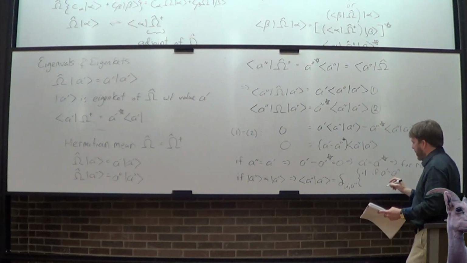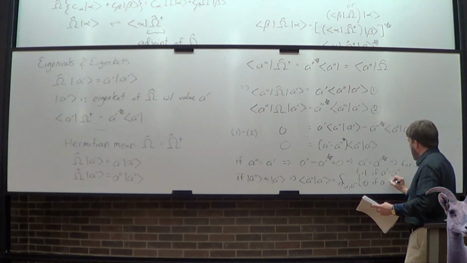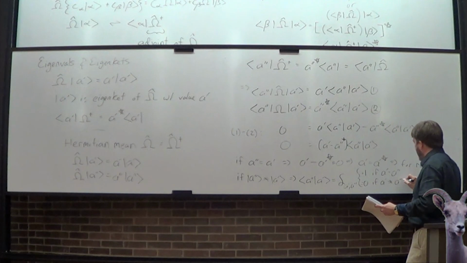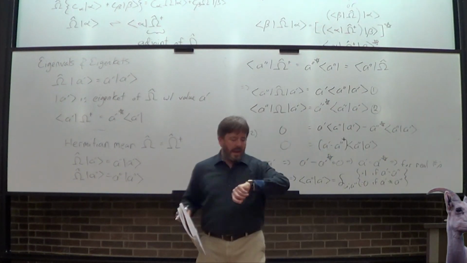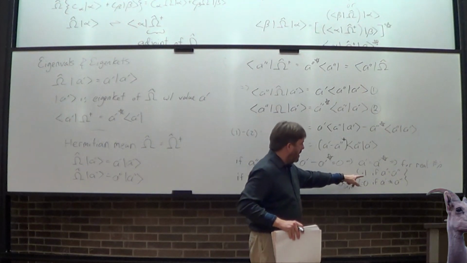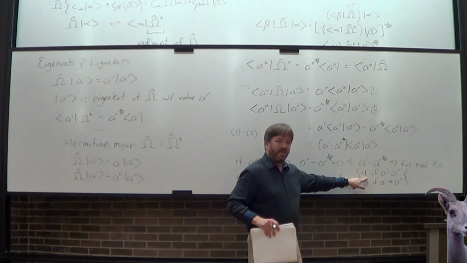That was the case up here. It's equal to 0 if A prime is not equal to A double prime. That means like the ground state and first excited state. And equal to 1, by the way, that's also normalized. That's what it means to be normalized.